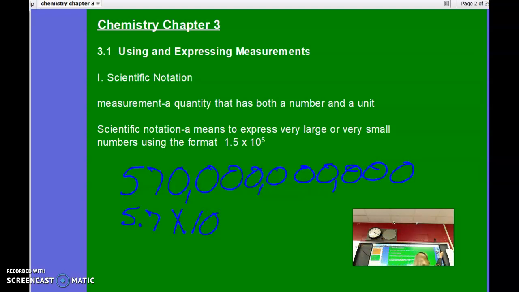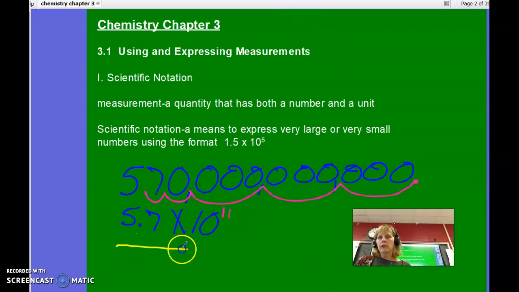I simply count. So here's my decimal. Remember, whole numbers have an understood decimal. I have 1, 2, 3, 4, 5, 6, 7, 8, 9, 10, 11. 5.7 times 10 to the 11th. This is a much more efficient way of writing this very large number.